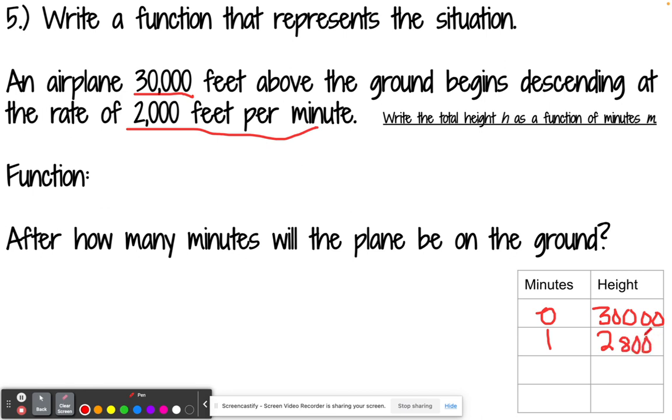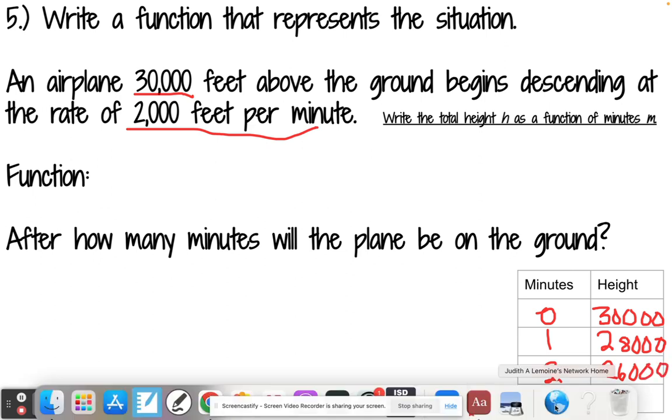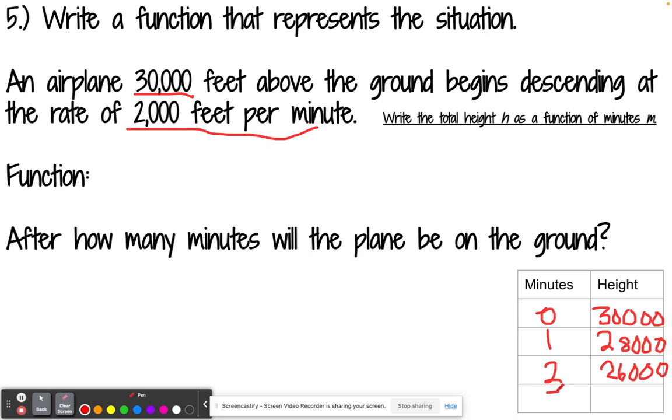Hopefully it's descending on purpose. I think it's just landing. 2 minutes later, it'll be at 26,000 feet. And then 3 minutes, 24,000 feet.